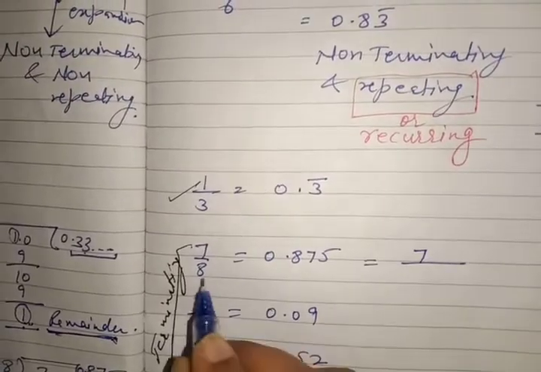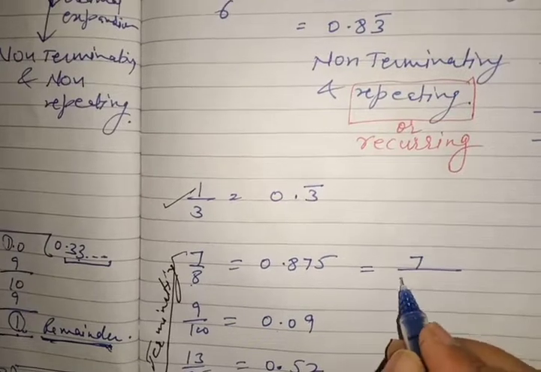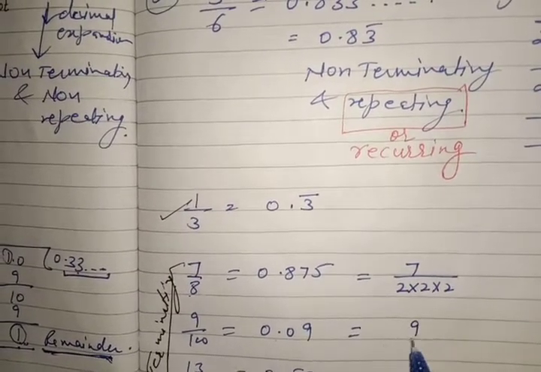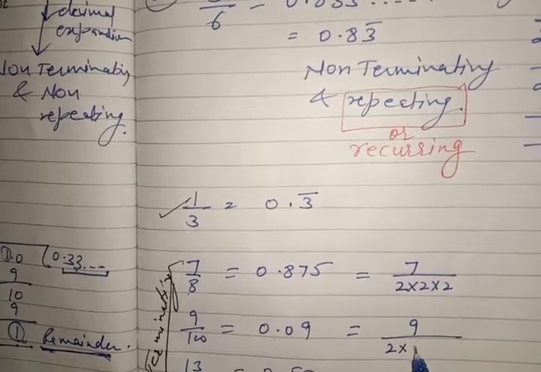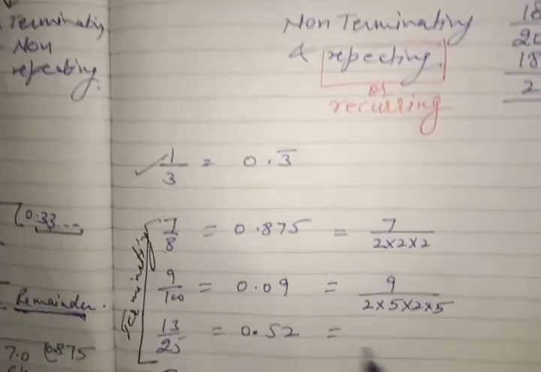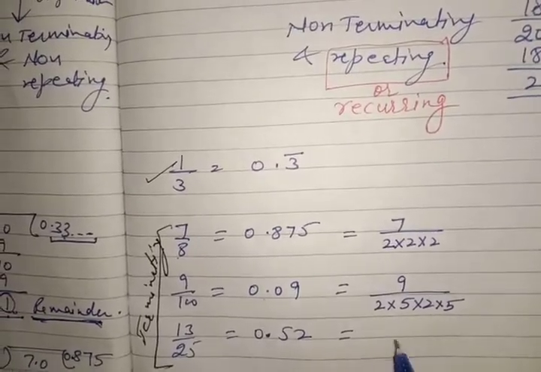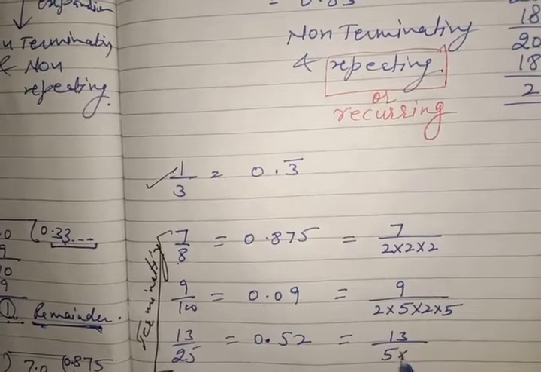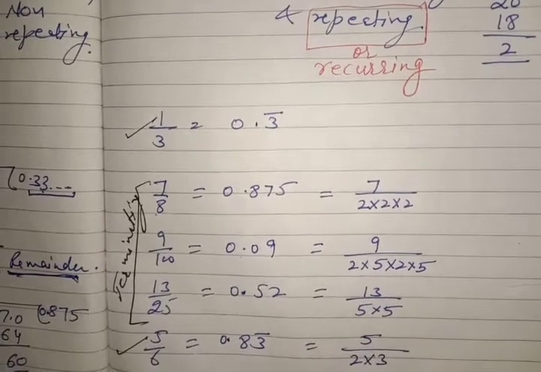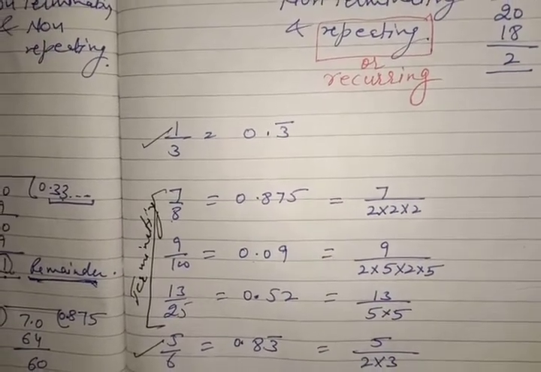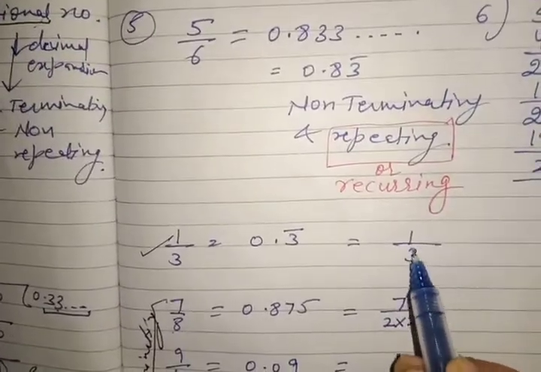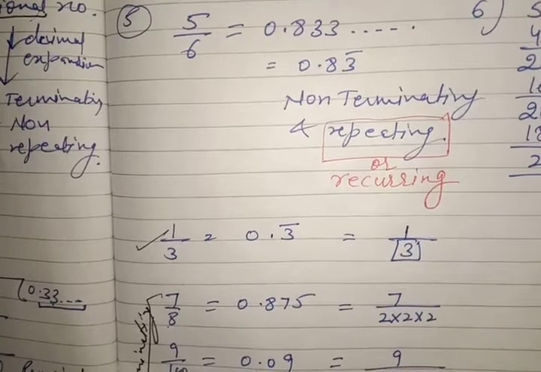Find out the prime factors of 8. The prime factors of 8 are 2, 2 and 2. The prime factors of 100 are 2 into 5 into 2 into 5. The prime factors of 25 are 5 into 5. The prime factors of 6 are 2 into 3. And here the prime factor is 3.